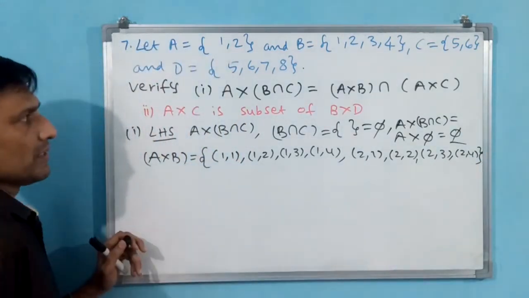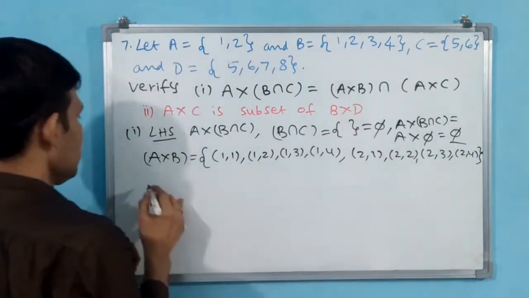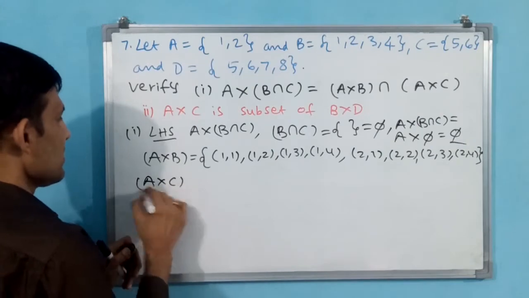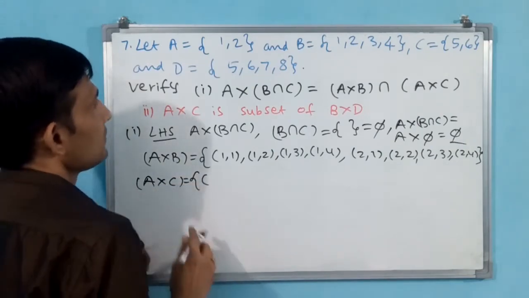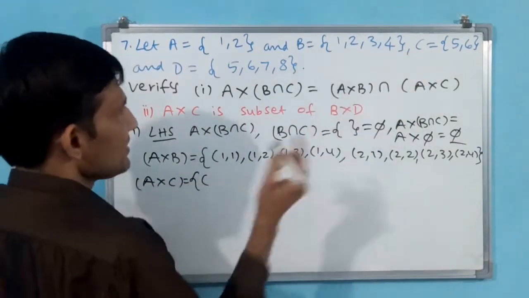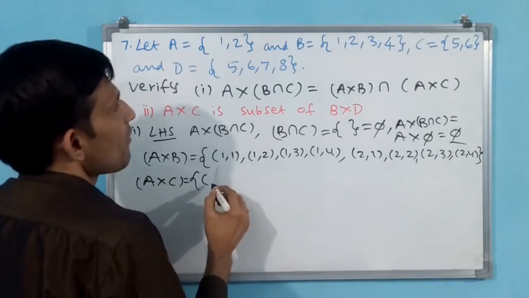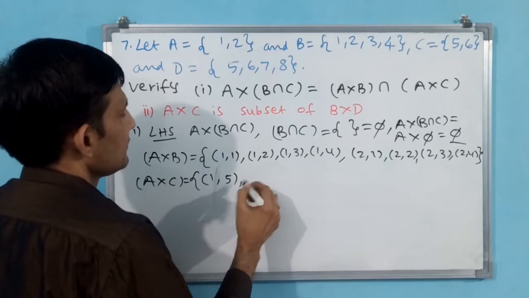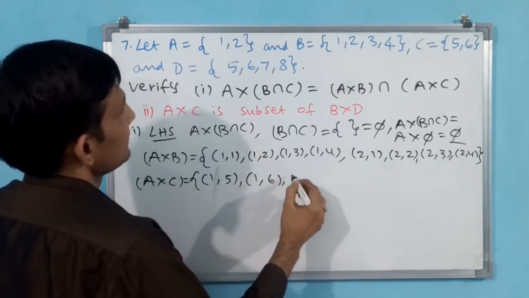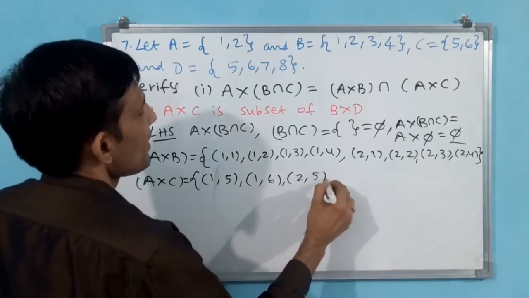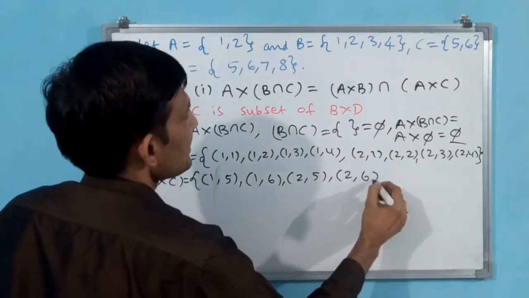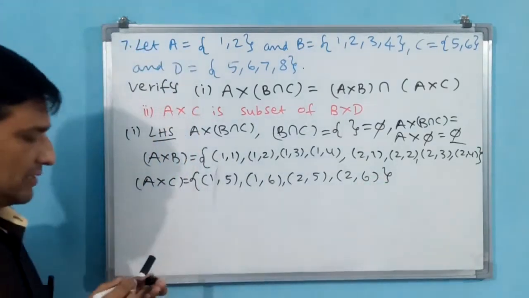This is A cross B. We have to do A cross C also. A cross C is equal to, C is smaller, fewer pairs will come: (1,5), (1,6), (2,5), (2,6). This is A cross C.